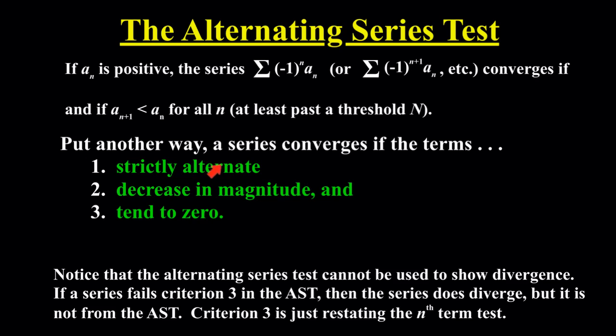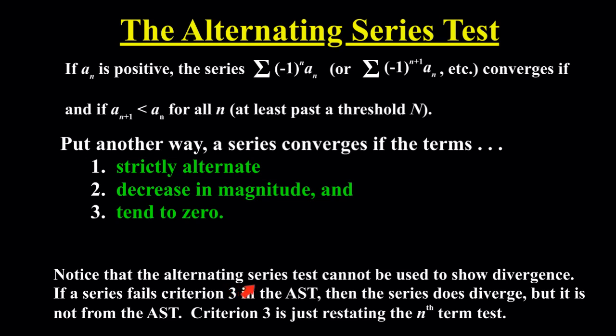You cannot have two of the same signs next to each other. The second criterion is that the values have to decrease in magnitude, which means your numbers have to get smaller. And those numbers not only have to get smaller, but they have to approach 0. So those are the three criteria for the alternating series test.